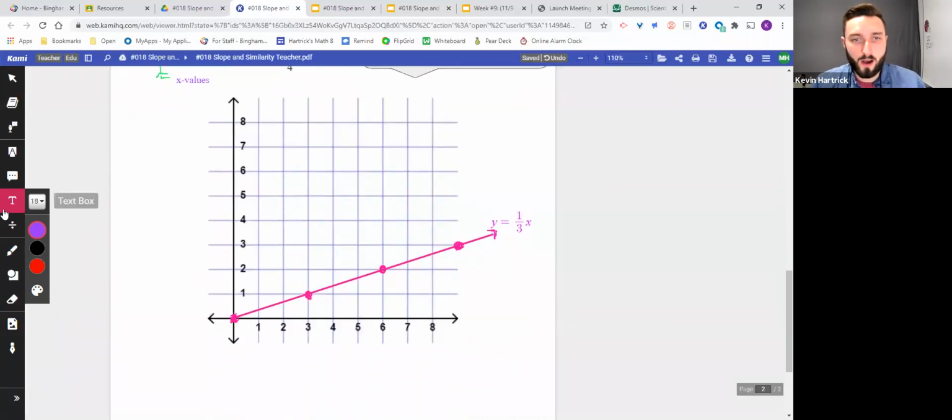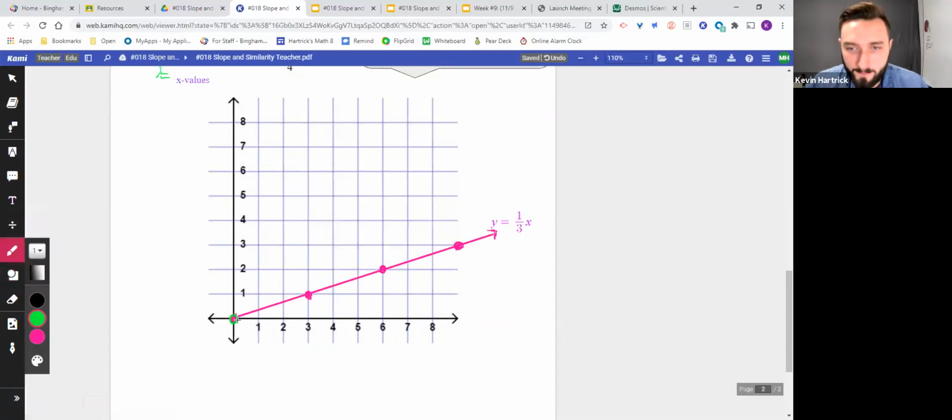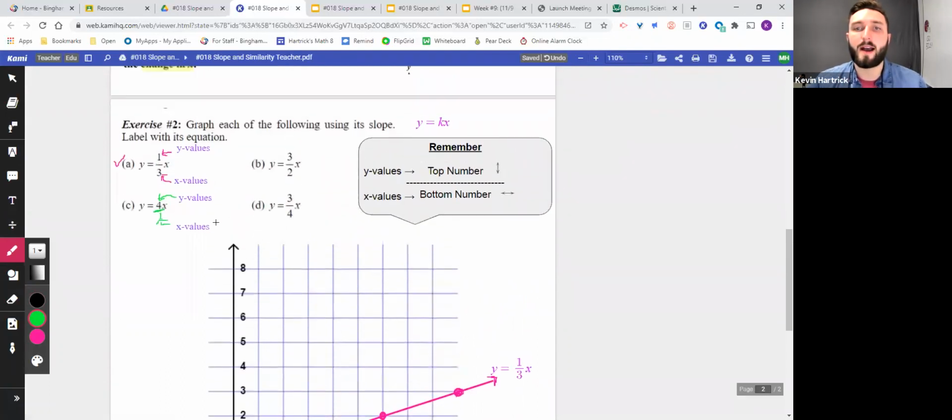So let's do this. I'm going to start at where? 0, 0, right? This equation is a y equals kx equation. That means that it's going to have 0, 0 as one of its points. Okay, so from here, I need to follow my rules.